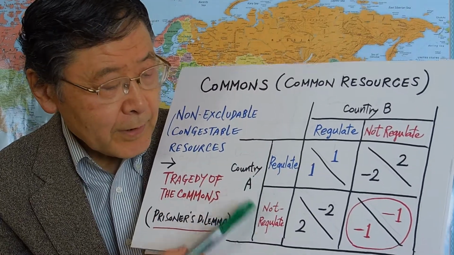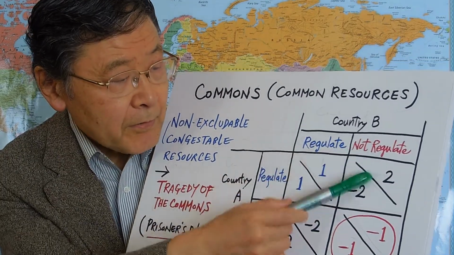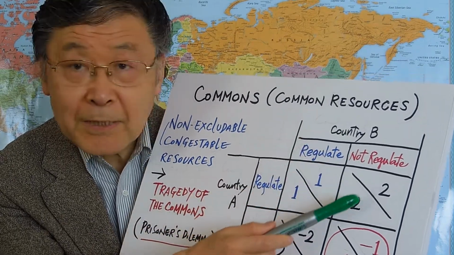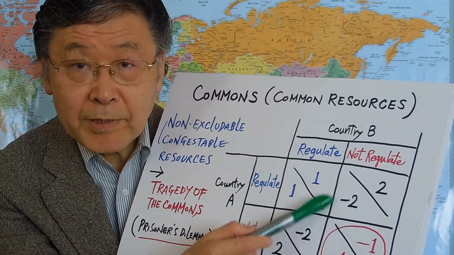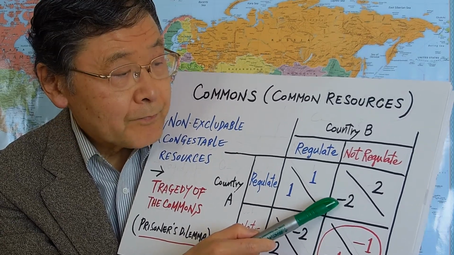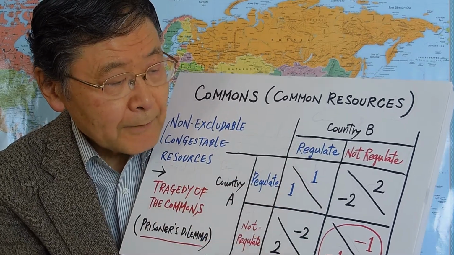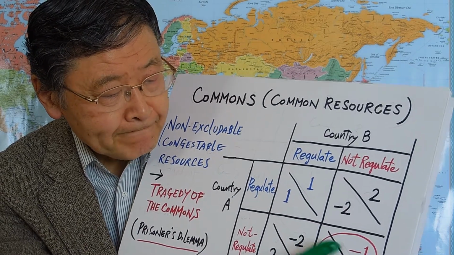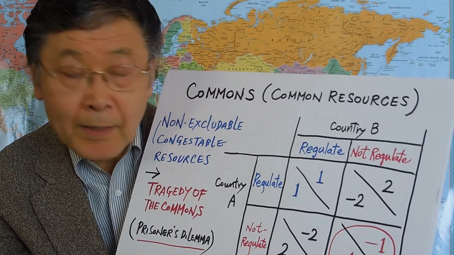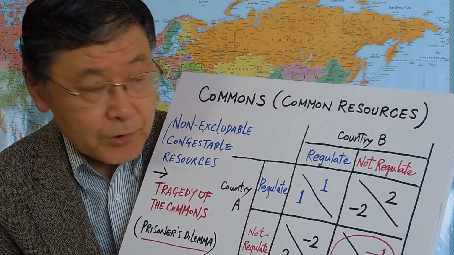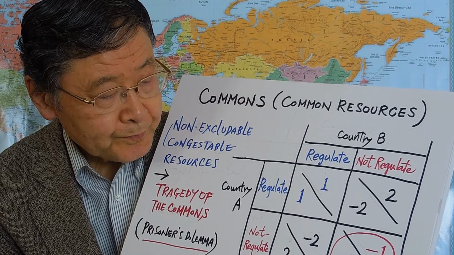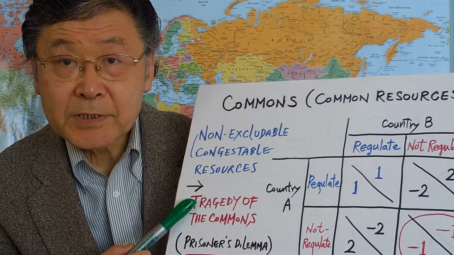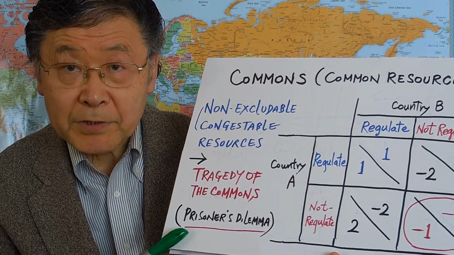And even if country A does not regulate, country B will find it more advantageous, because if country B takes up all the cleanup job, the cost will be enormous. So it's better to avoid this, and then settle down here with the solution. So the result is the tragedy of the commons. That is the prisoner's dilemma solution.